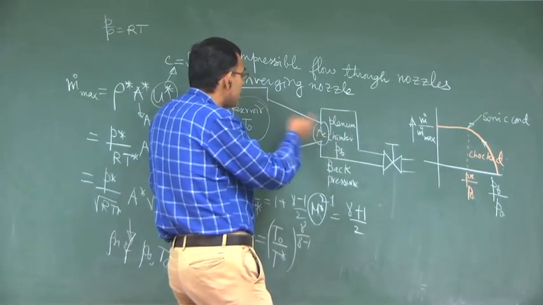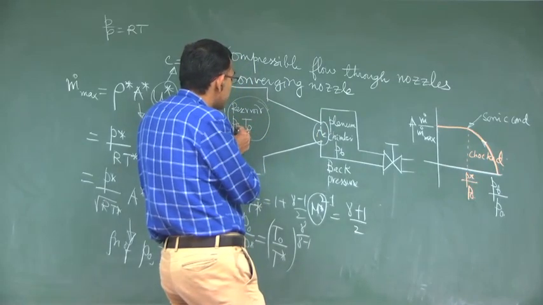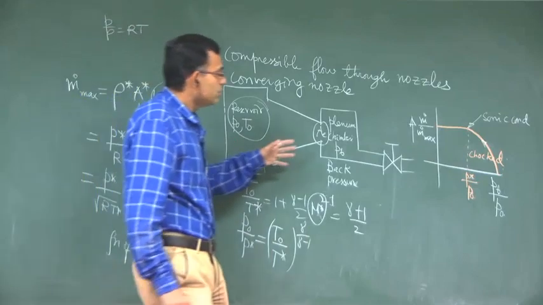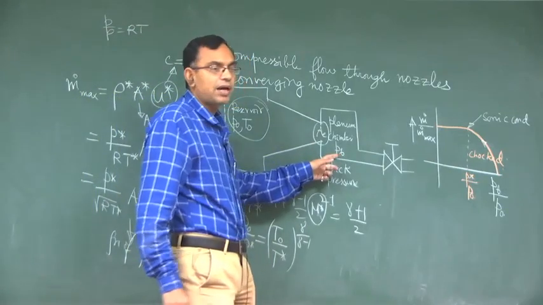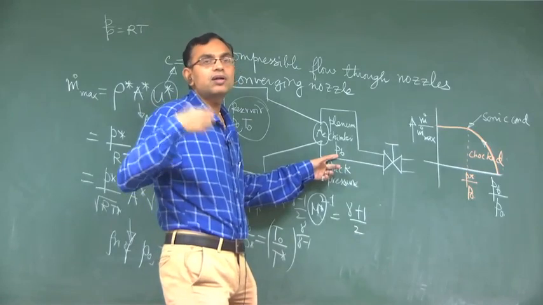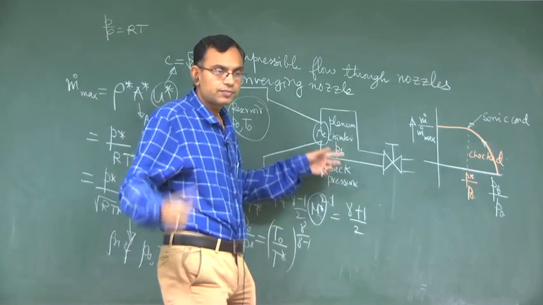It is eventually related to what is this P0 and T0 that you have at the reservoir, not to what extent you can reduce the back pressure. You may keep on reducing the back pressure, but you will not get any effect at the end.